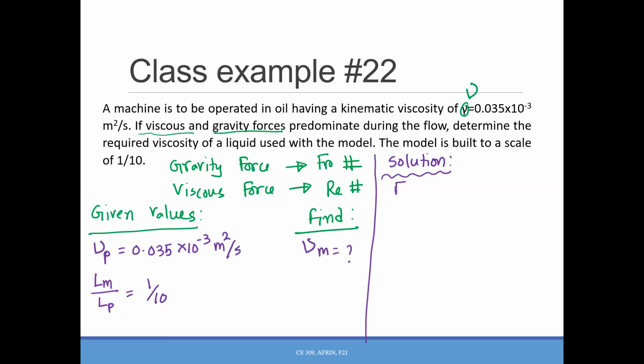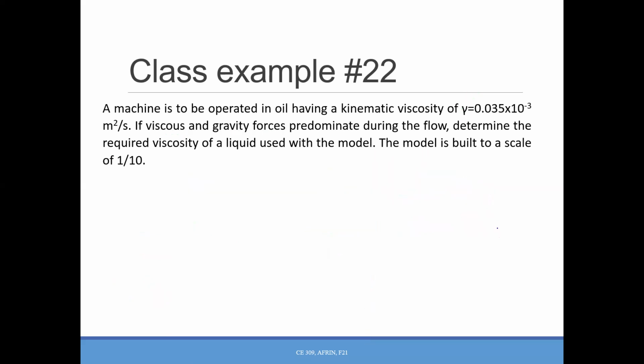So Froude number for model and prototype, and Reynolds number for model and prototype. I'll move to the next slide so that I can see everything while I do the calculation. So Froude number for prototype, Froude number for model, and you know the expression.